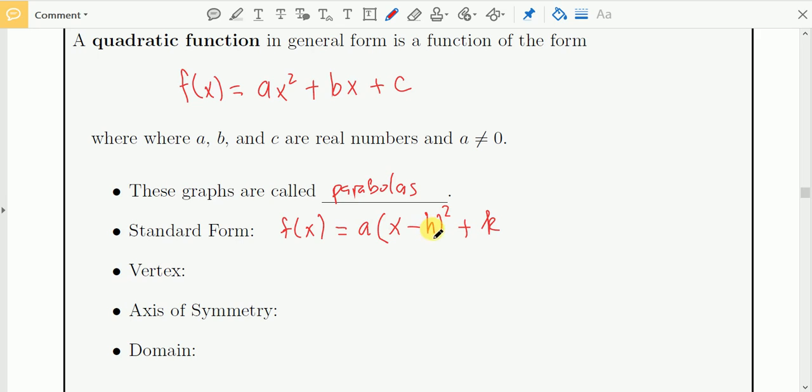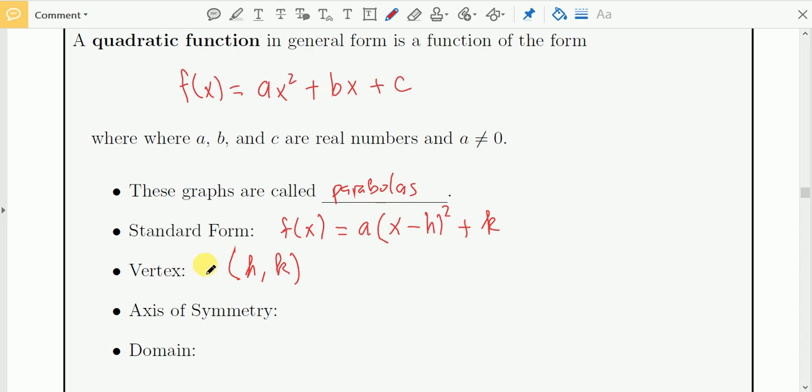Now h means that the graph is shifting to the right by h units and shifting upward by k units. So make sure you know that this is the minus side, this is the plus side. So the vertex of this function is (h, k).